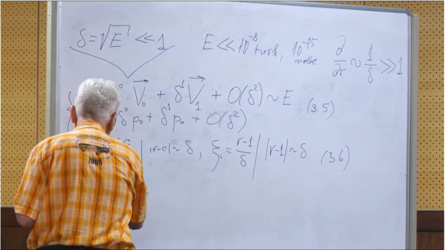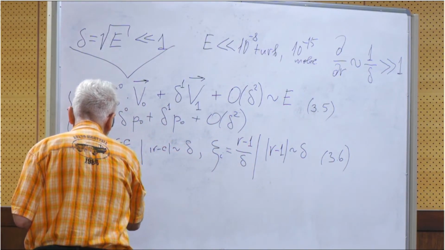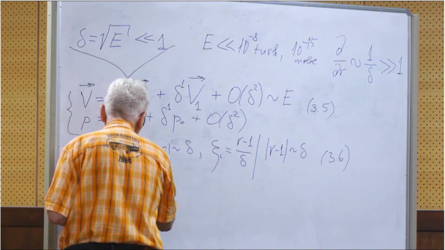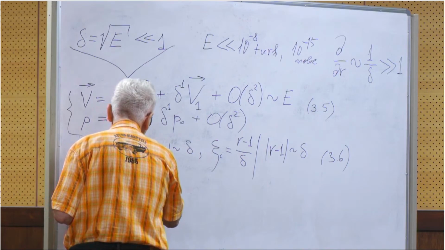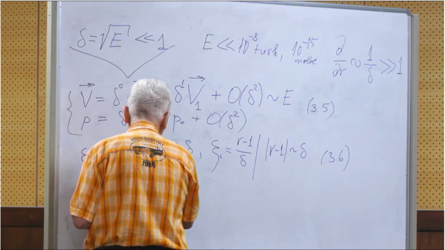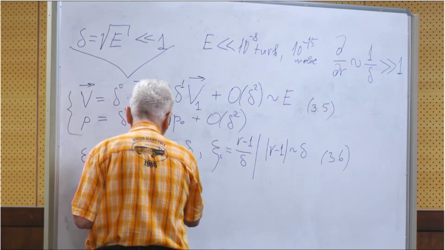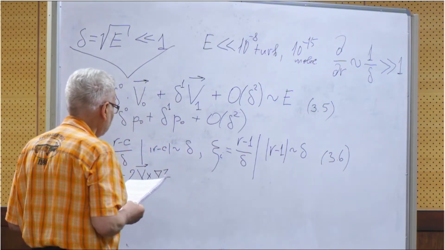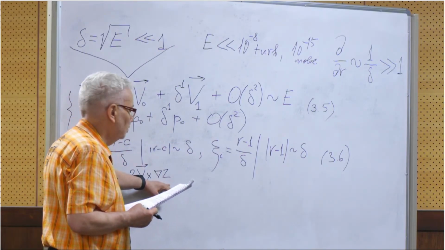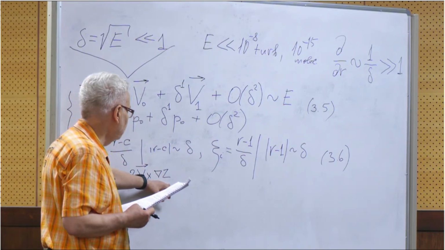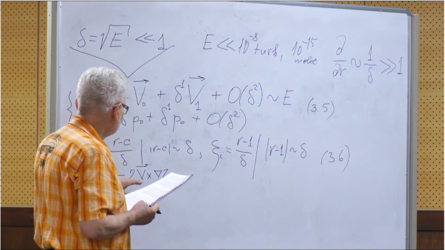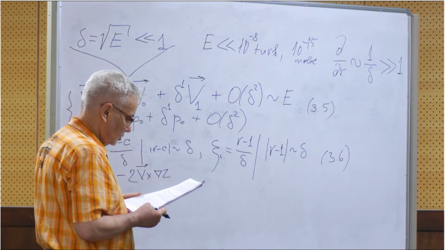Here, of course, we have gradient P. Then we have the Coriolis force, which looks like that. So this is the vector cross product of the velocity and the unit vector in the direction of the axis of rotation, which has coordinate z.